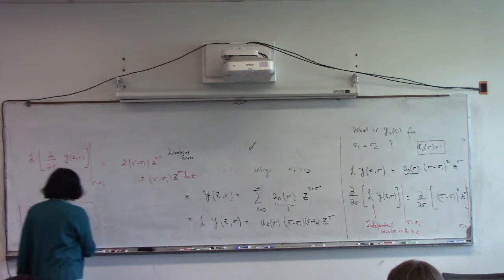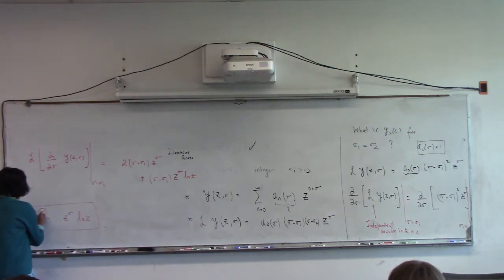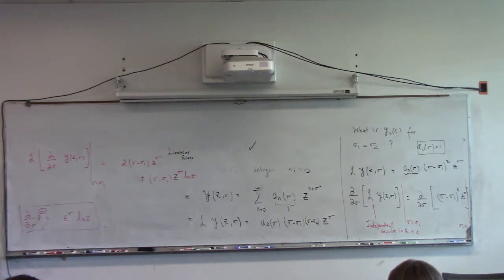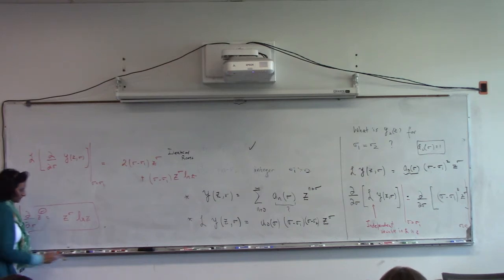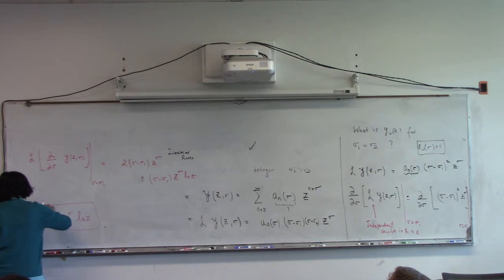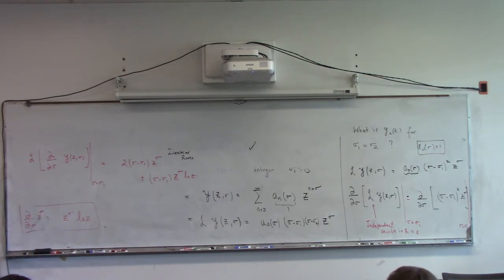The exponent is not a constant. We're differentiating with respect to what is in the exponent. You can just say z to the power sigma equal to t, then take log of both sides and differentiate both sides. That's how you do that differentiation.